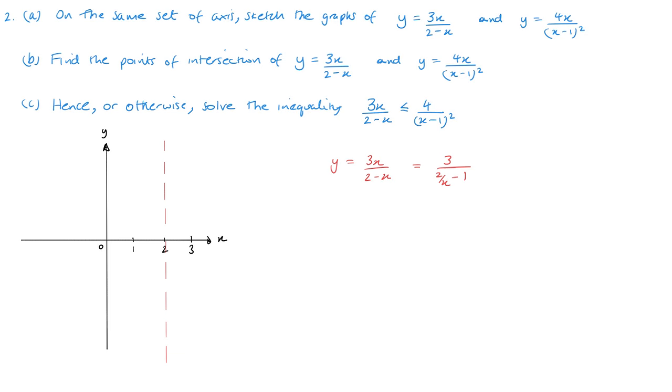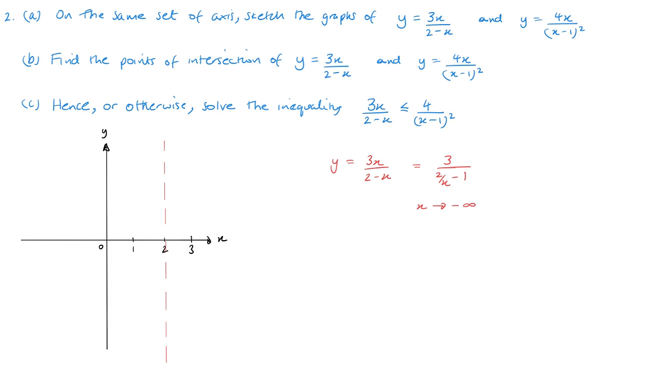And why have I done this? Well, quite simple. As x tends towards negative infinity, then this 2 over negative infinity is going to be a very small negative number, but basically it's going to be 0.